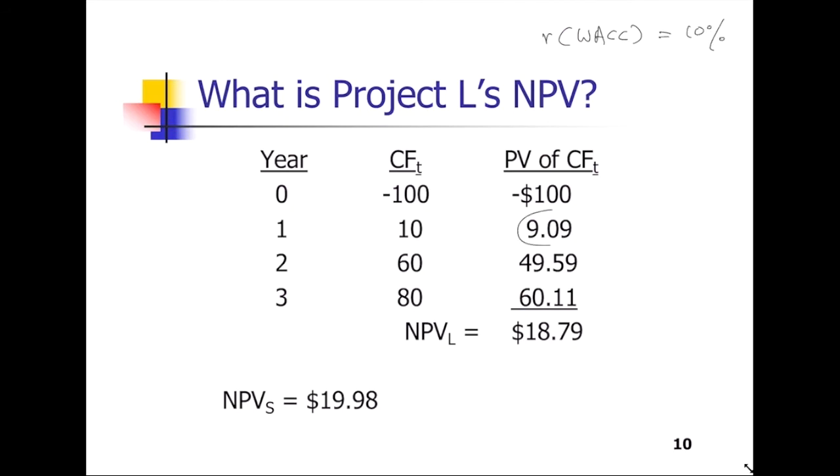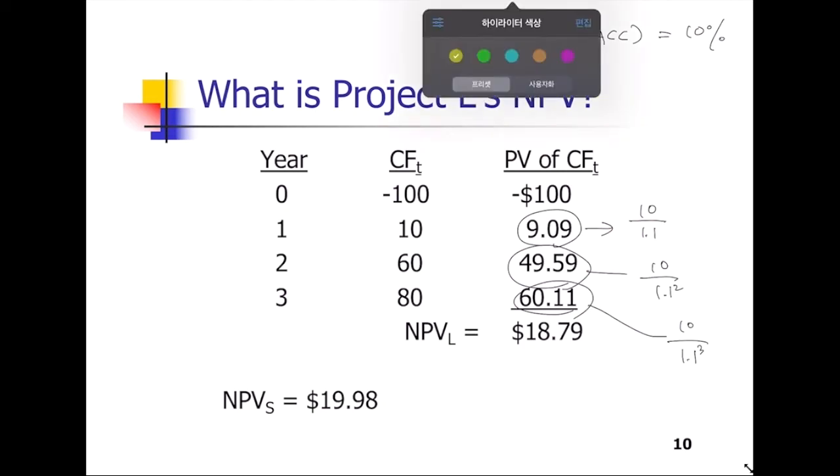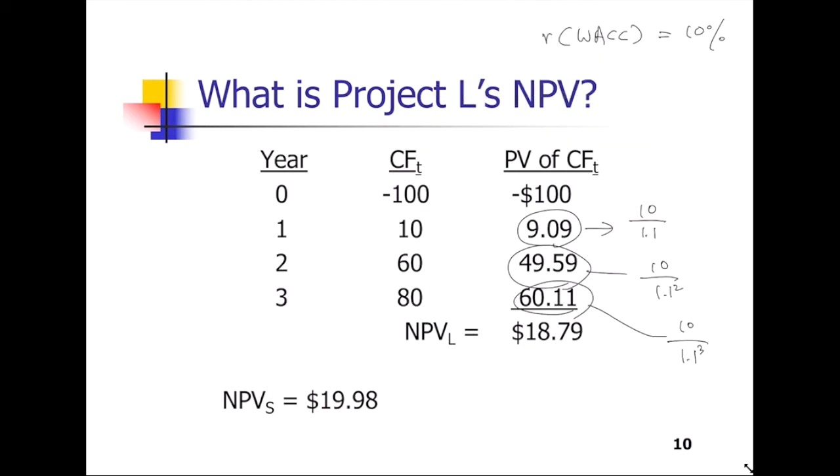So this number is coming from 10 over 1.1, right? And this number, 10 over 1.1 to the power of 2, 10 over 1.1 to the power of 3, right? And then you sum up these numbers, including at T0.